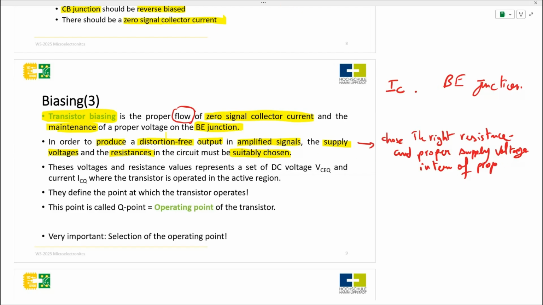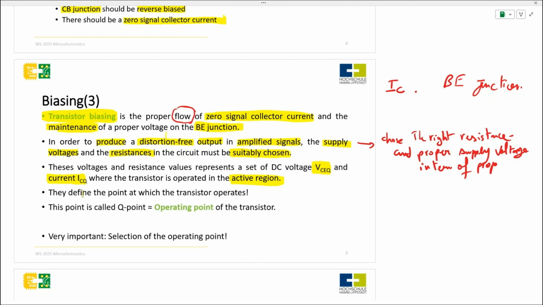The third point: these voltages and resistance values represent a set of DC voltages, VCEQ, and the current ICQ, where the transistor is operated in the active region. So your transistor is in the active region, and in this point we will talk about this Q now.